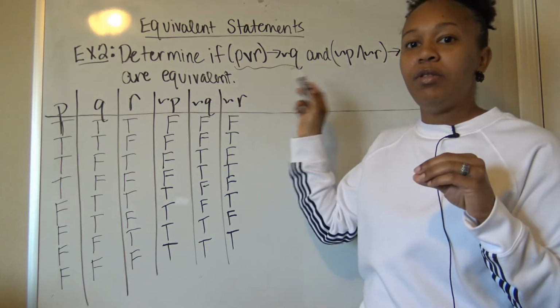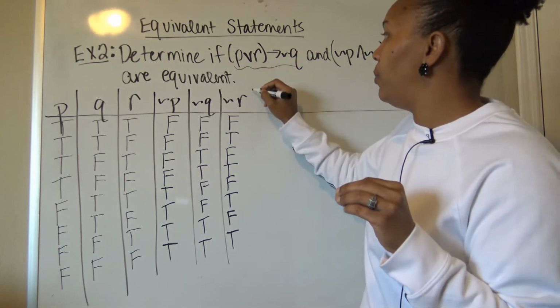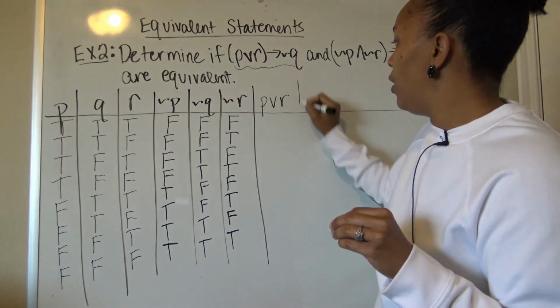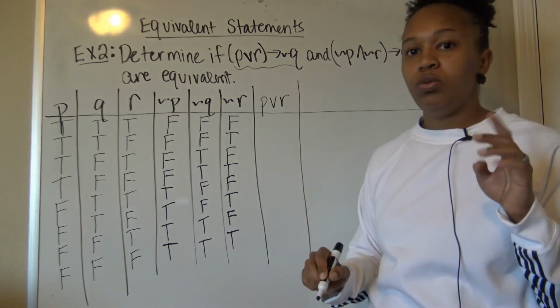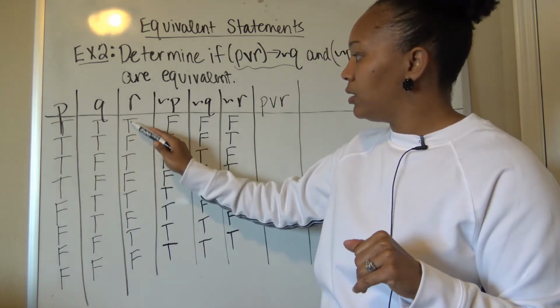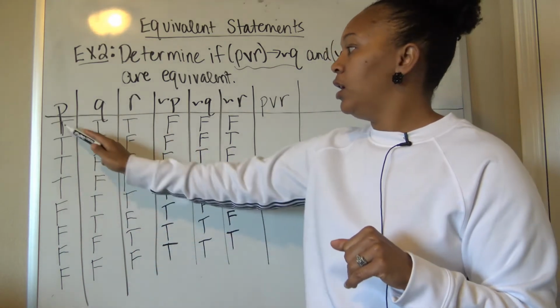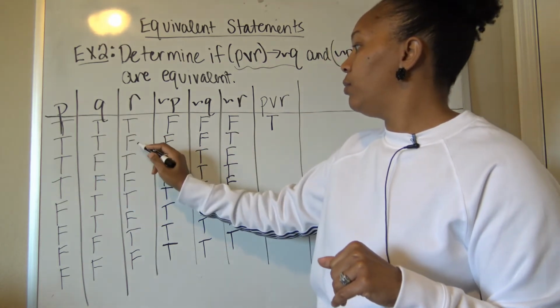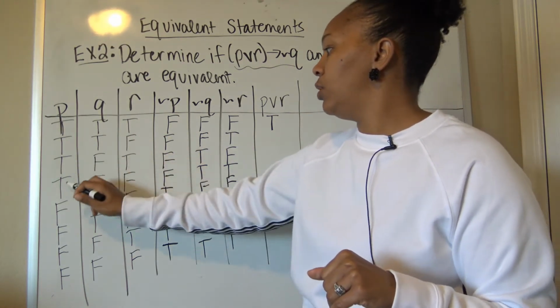Before I can do the if then, I need to know the P or R. Remember, the or statement is true when at least one of them is true. So I'm looking at the P column and the R column. Here they're both true, so that would be true. Here, one of them is true. Here, both are true. Here, one of them is true.